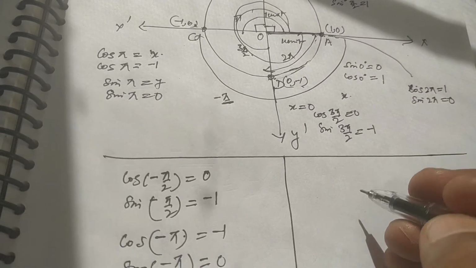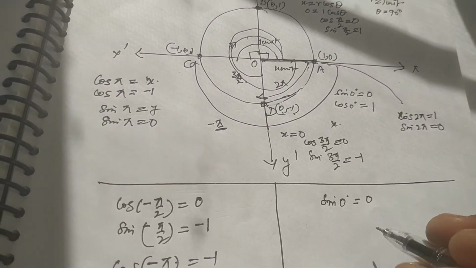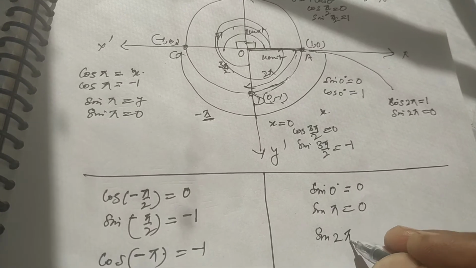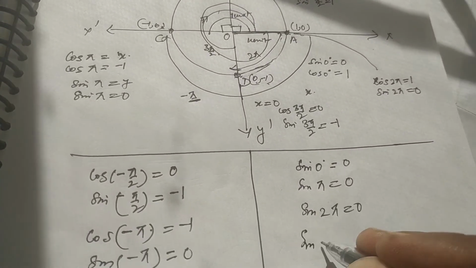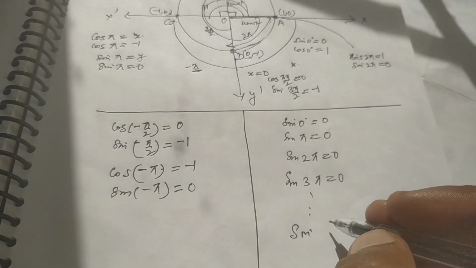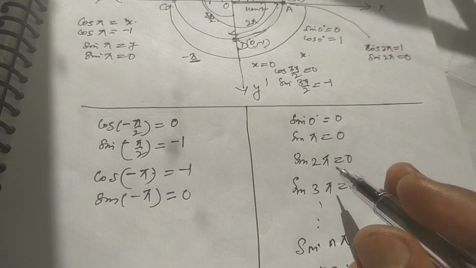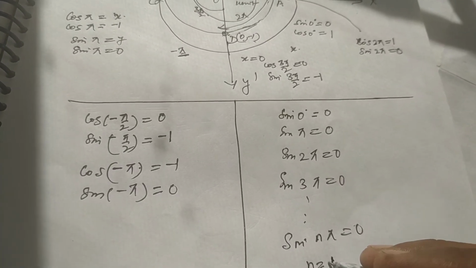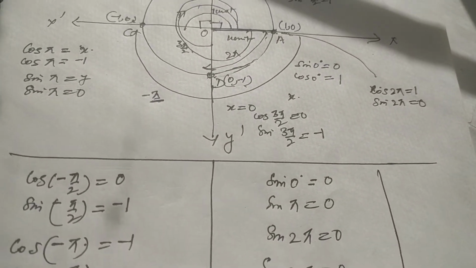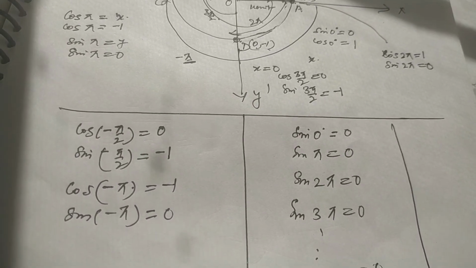Now I am going to arrange only sine. Sine 0 degree is 0, sine pi is 0, sine 2 pi is 0, and sine 3 pi is 0, and so on, so sine n pi is 0, where n is a positive integer.